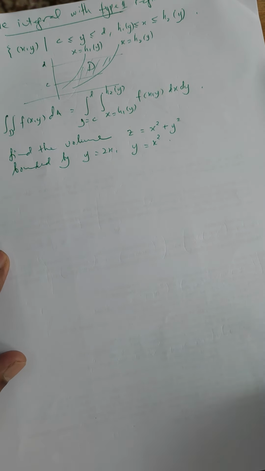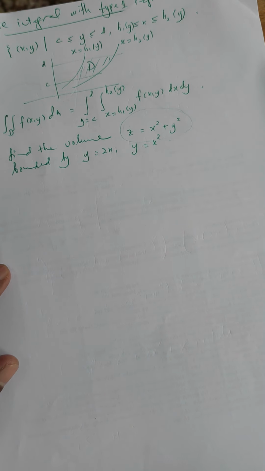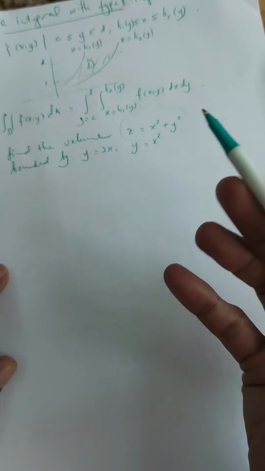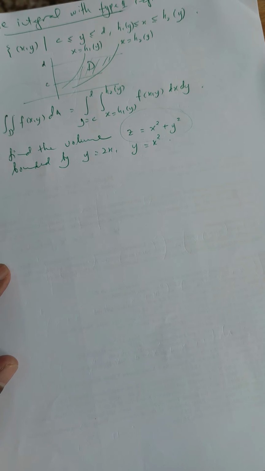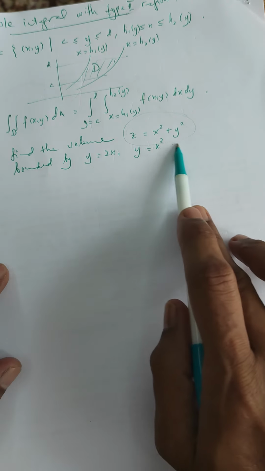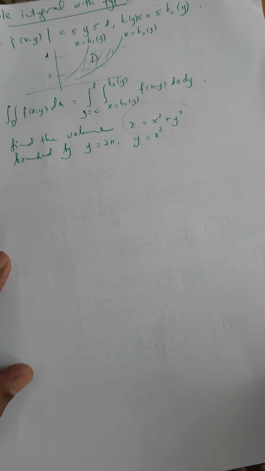If we sketch this, for the surface we don't really care how it looks, but the most important thing is the region bounded by y equal to 2x and y equal to x squared, because when we project it onto the xy-plane, it will definitely be bounded by those two functions.